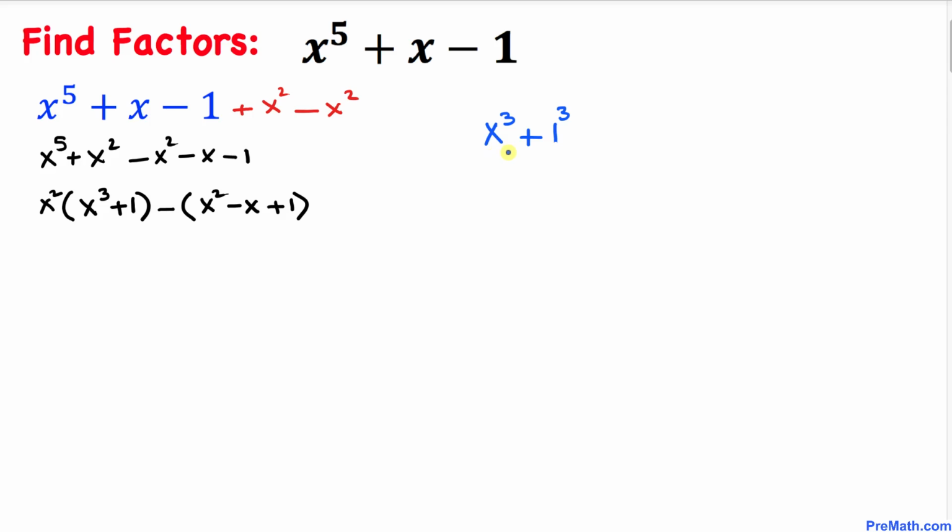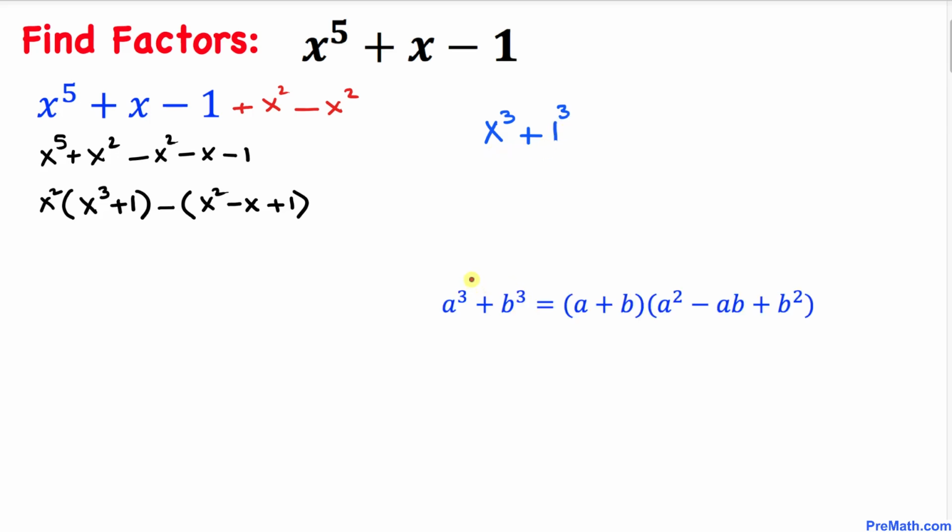So now this represents the sum of two cubes. And now we are going to use the sum of two cubes formula. It states a cube plus b cube equals a plus b times a square minus ab plus b square. If we see x as a and 1 as b, then we can easily expand this.